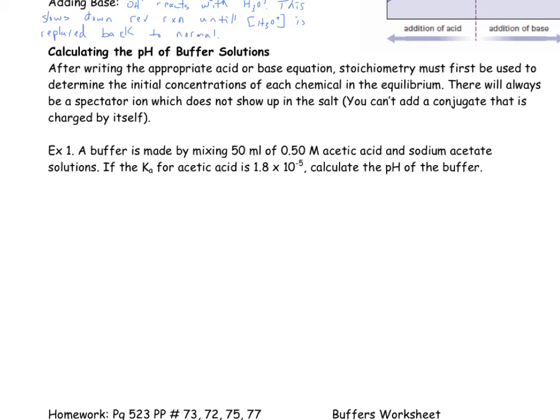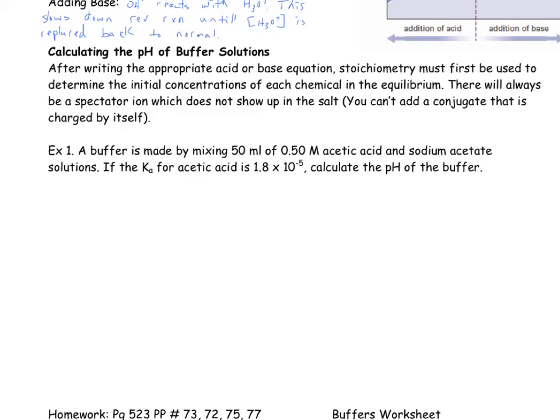Here's an example. A buffer is made by mixing 50 ml of 0.5 mole per liter acetic acid and sodium acetate solutions. The acetic acid is the weak acid, and the acetate in the sodium acetate salt is the conjugate. The Ka for acetic acid is 1.8 times 10 to the minus 5, and we want to calculate the pH of the buffer.